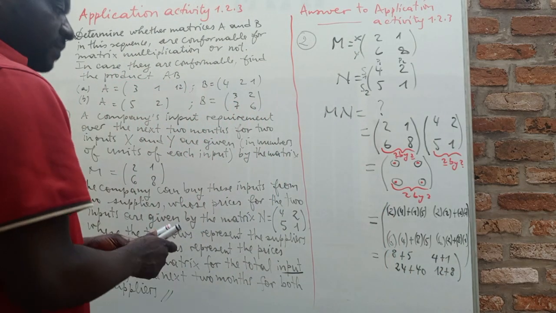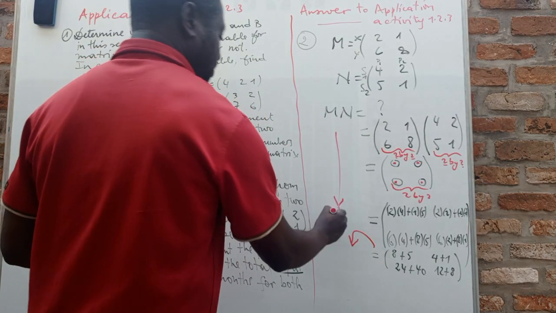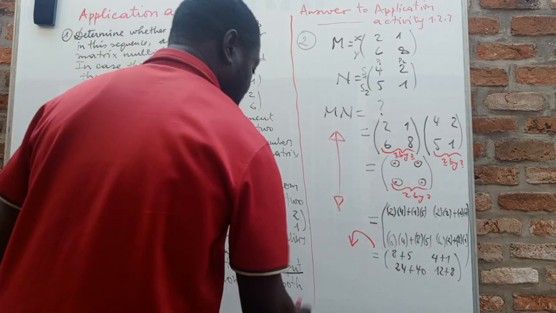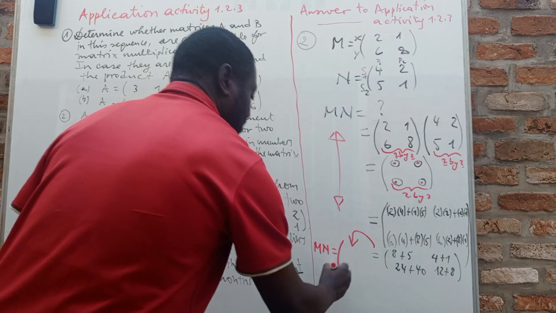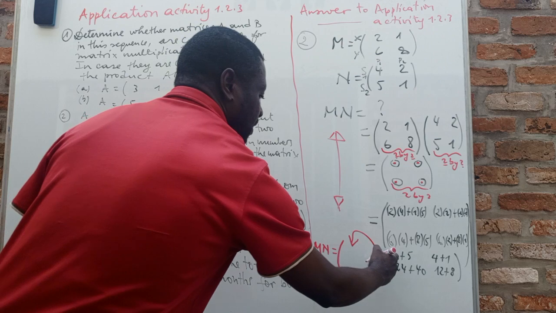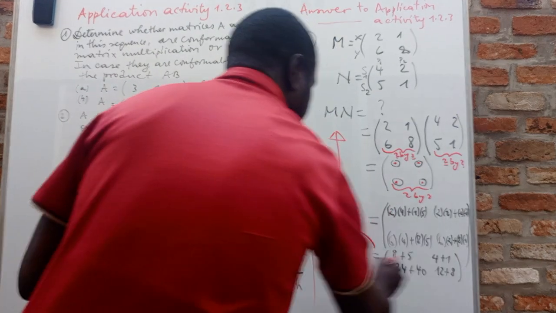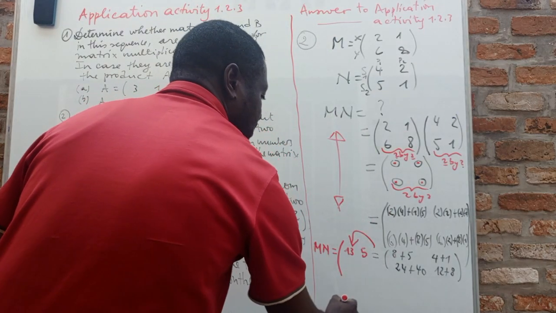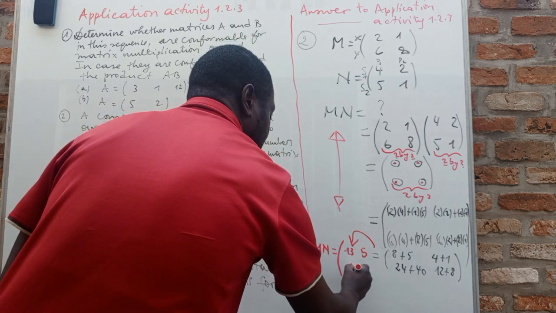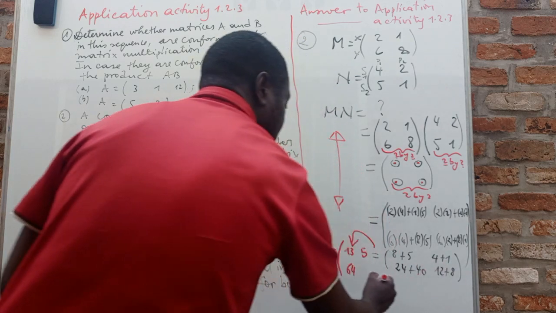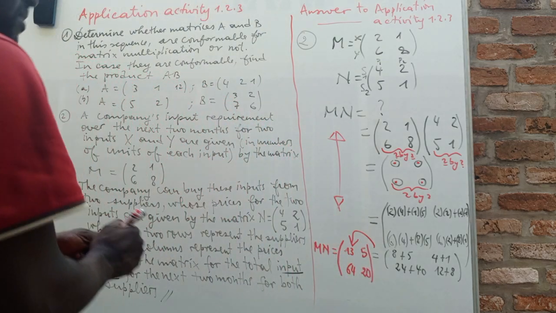So the product M times N is equal to: 8 plus 5 is 13, 4 plus 1 is 5, 24 plus 40 is 64, and 12 plus 8 is 20.